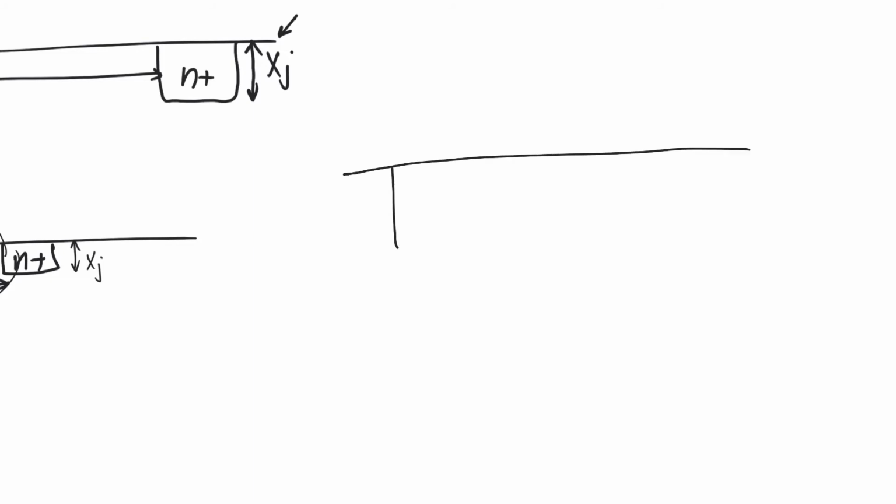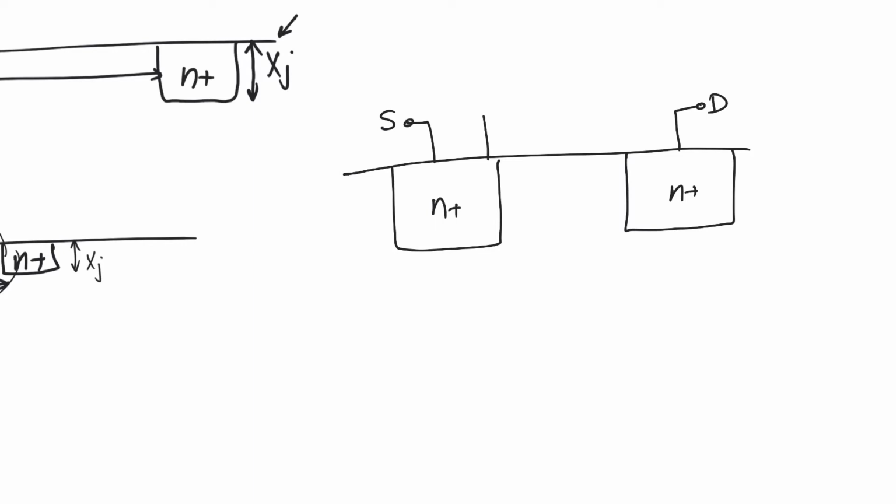So let's just draw a MOSFET, and again, I'm not drawing it to scale, I'm just drawing the drain and the source to be pretty deep, because this is the thing that basically has caused DIBL to be so clear. So it's not that the channel is short, it's that the channel is short and the drain is now relatively deep relative to that channel.